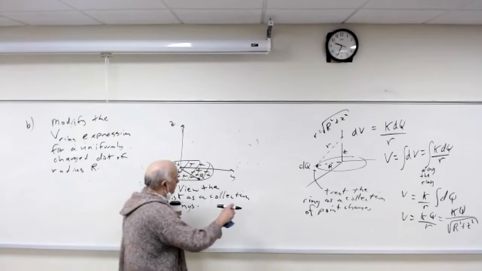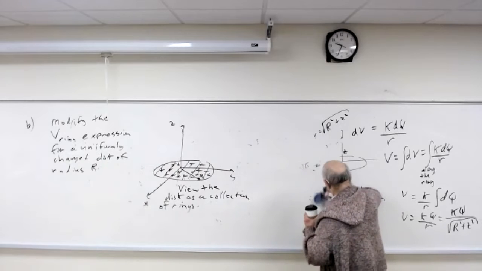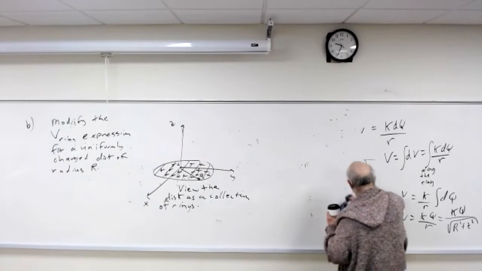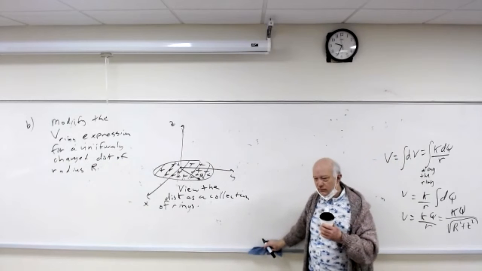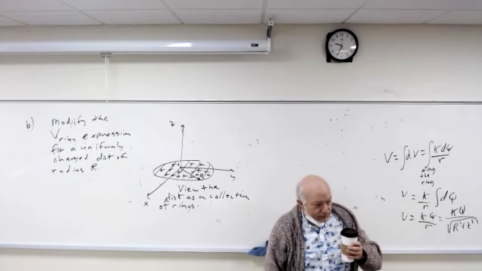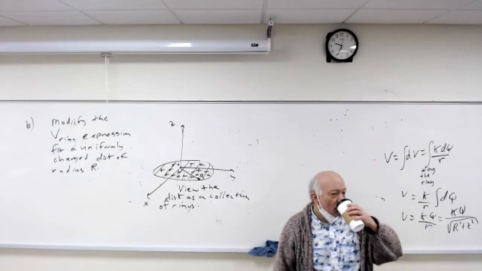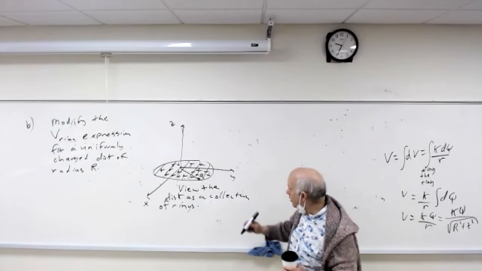So we have to modify our little expression. What would be the first thing I would do? Write an expression for it, right? Even before you're writing an expression, always draw your picture. Okay, so I'm going to redraw this.